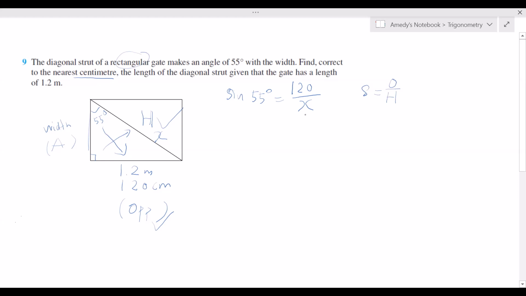And now we are doing the algebraic process. Divided by x becomes multiply x. x sine 55 degrees equals 120. So to get x, it is 120 divided by sine 55 degrees. Now type this in the calculator.